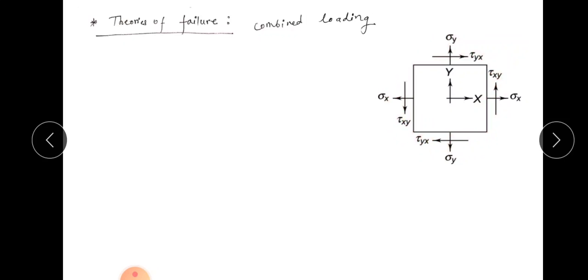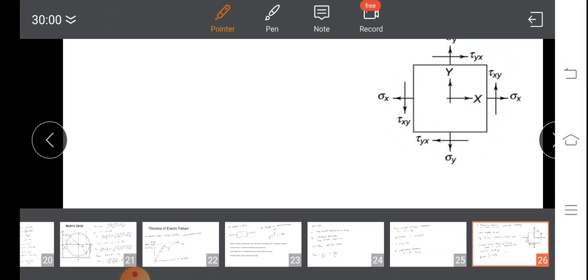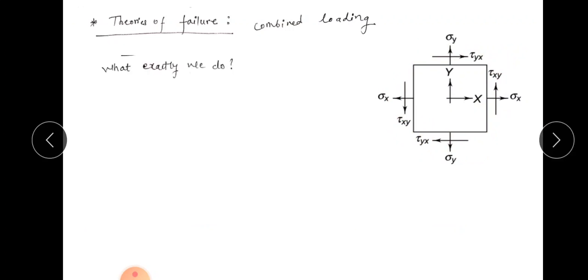Now what exactly do we do in the concept of theories of failure? We perform a simple tension test. From the simple uniaxial tension test, we get different values like SYT and SUT. SYT is the yield stress and SUT is the ultimate tensile stress.